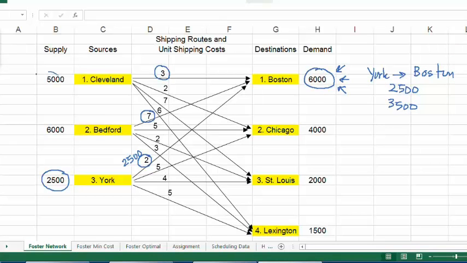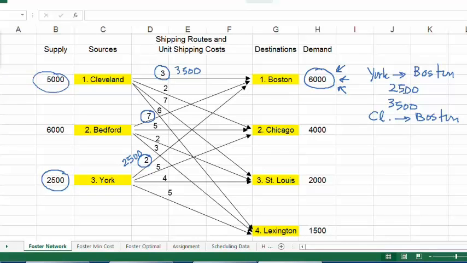Yes, it has 5,000, so no problem. So we send 3,500 from Cleveland to Boston, and that satisfies the demand at Boston.